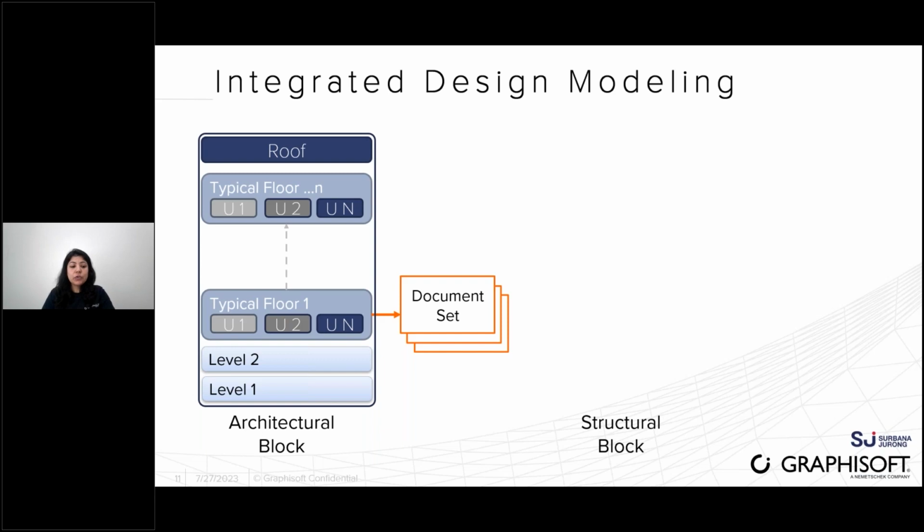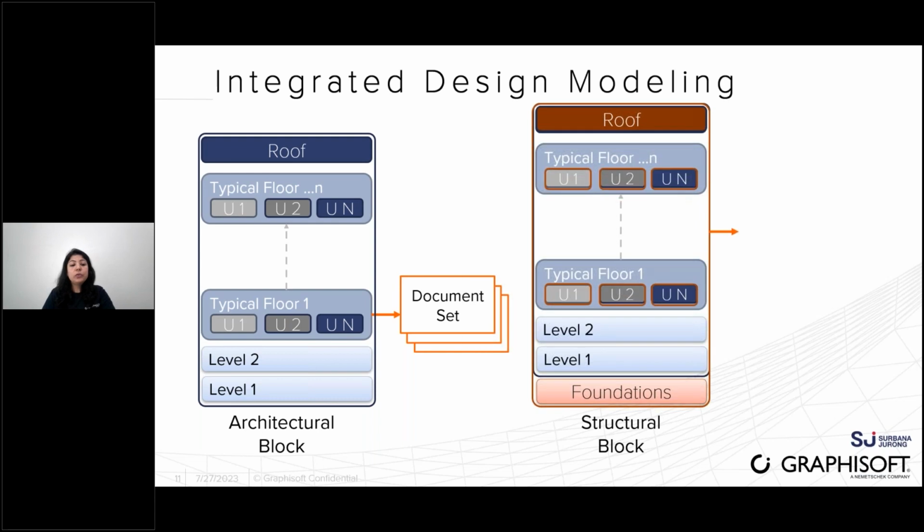While the architectural team is developing their model, they can share the model inside BIMcloud, and the same model can also be used by the structural team to add their elements, reuse the existing information, add the structural information to the existing model, come up with their structural block and then develop their documentation.